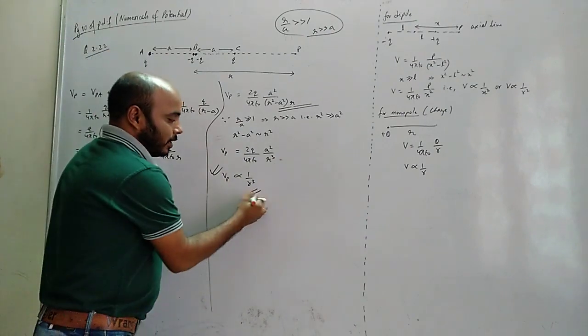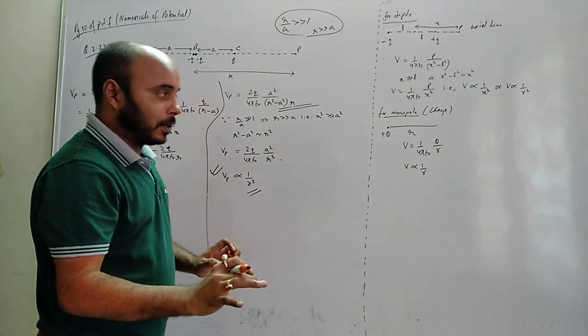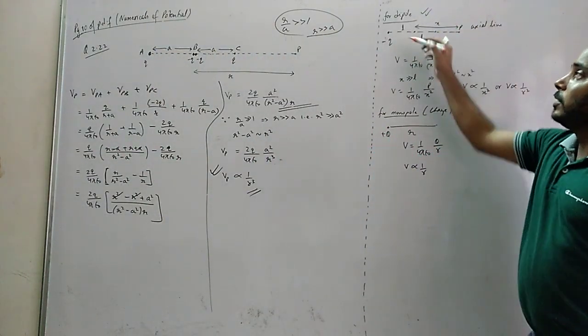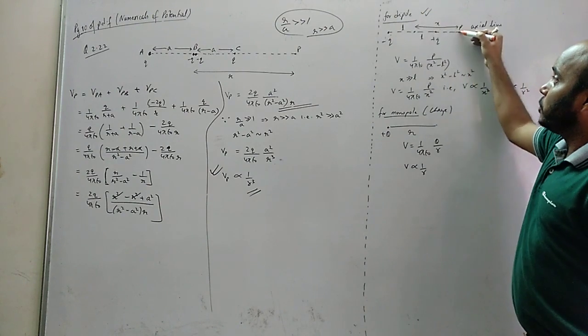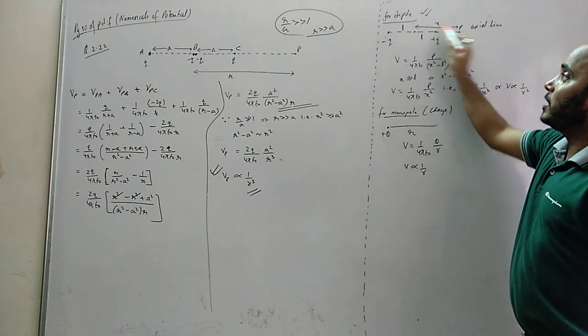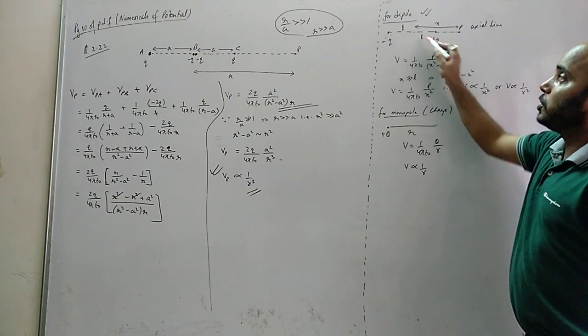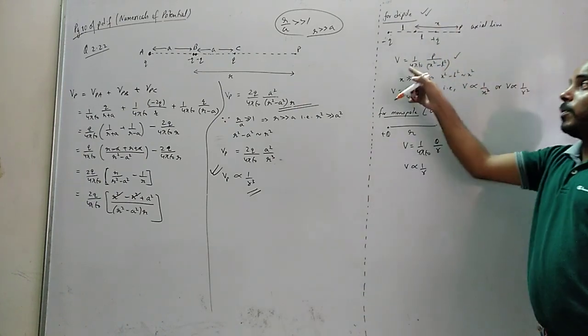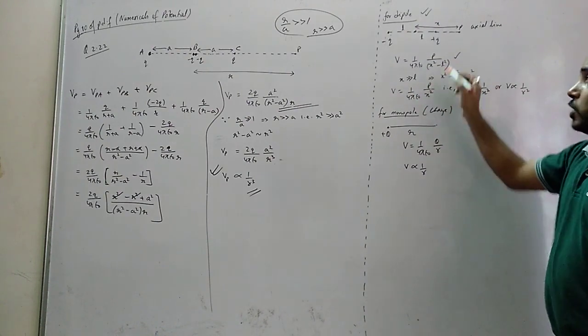Now we'll go for the second part of the question. Now for a dipole, plus minus Q. This is a point on its axial line at a distance x from the center of the dipole. The potential on the axial line is 1 by 4 pi epsilon naught, P by x square minus L square. This formula you should know.